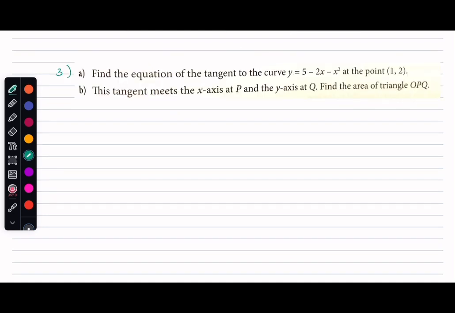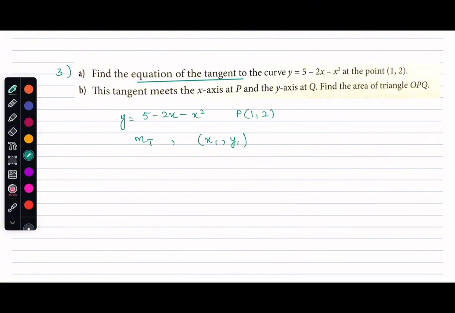Question 3. Find the equation of the tangent. So again, we are supposed to find the equation of the tangent to the curve y equals 5 minus 2x minus x squared, and the given point is 1 and 2. To make the equation of the tangent, we need just two things. Number one, the gradient of the tangent, and number two, the point x1 and y1 where the tangent exists.